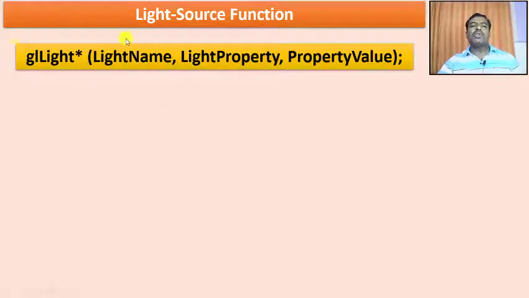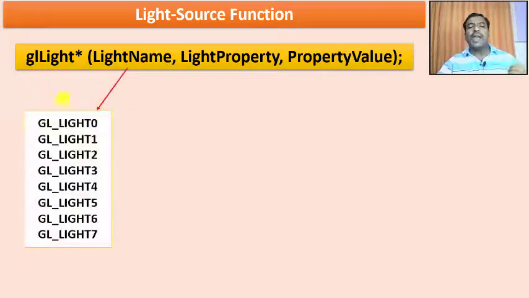The first parameter is going to be the light name, or the source which I am going to use, and OpenGL gives you 8 light sources. The first source is GL_LIGHT0, then 1, 2, 3 until 7. Hence there are going to be 8 light sources at a time.